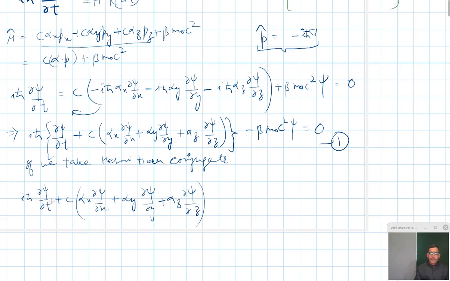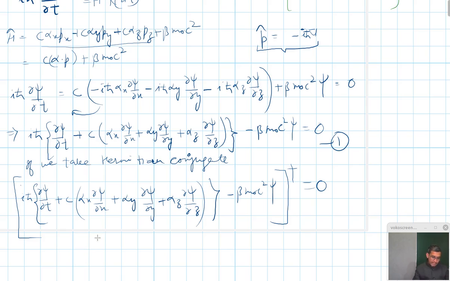And minus beta m naught c square psi, and the whole Hermitian conjugate, means whole dagger, must be equal to 0. That's what I am getting.